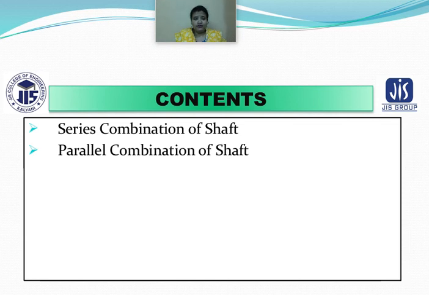Both are made up of different materials, but they are inside one another. That means they are in parallel combination of shaft. In this condition, the torque of shaft 1 is equal to the torque induced in shaft 2. So basically the torque is equal for shaft 1 and shaft 2. Just assume it as the torque T. So this is called the parallel combination of shaft.